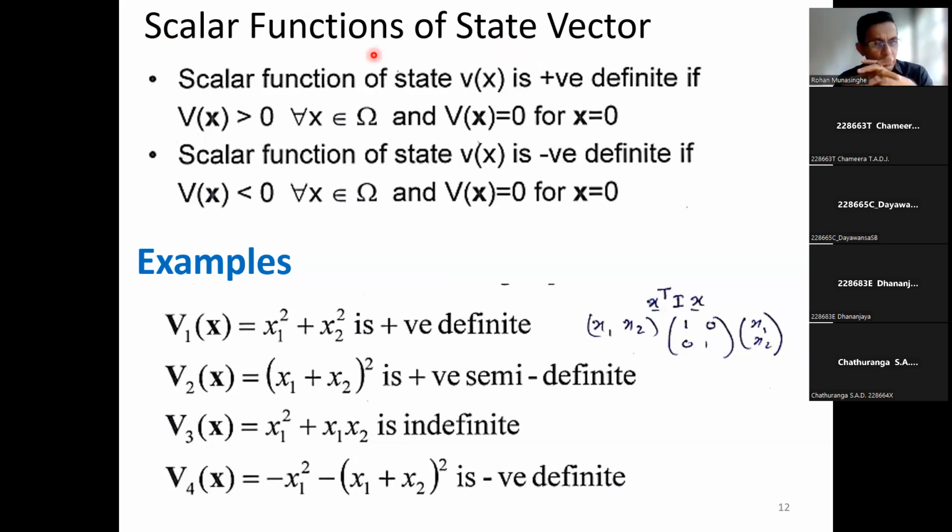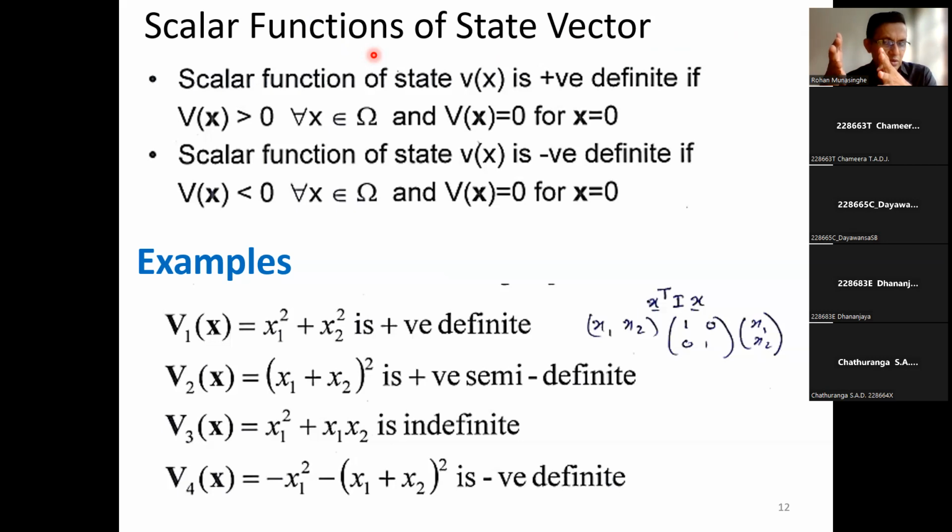Like energy, for example, is a scalar function. When you say energy, there's no direction. For energy, it's a quantity only. Now, we calculate energy from the state variables, but state variables are vectors.